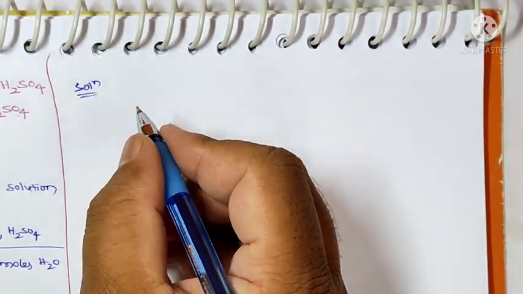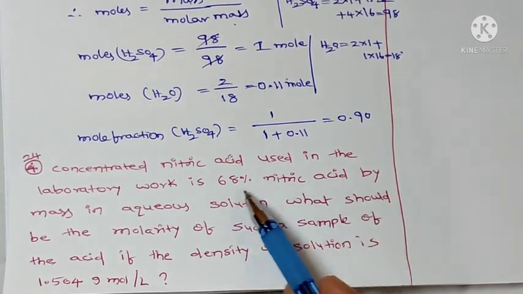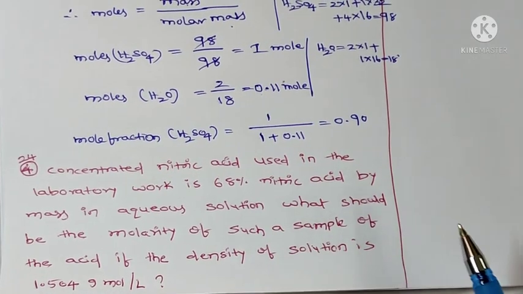68% nitric acid. 68% means 68 grams of nitric acid in 100 grams of solution.